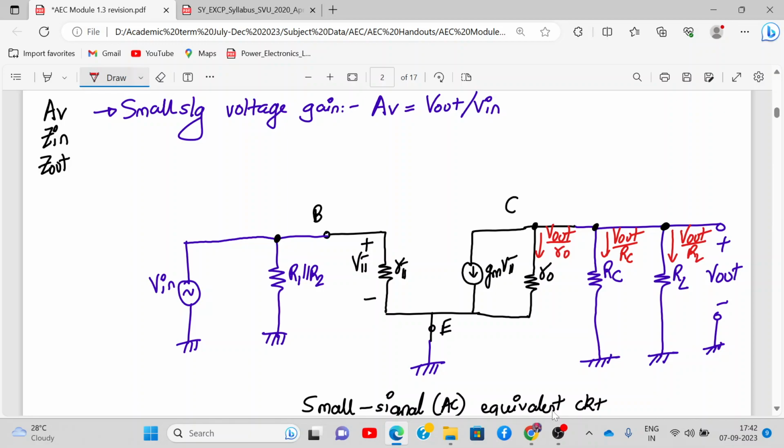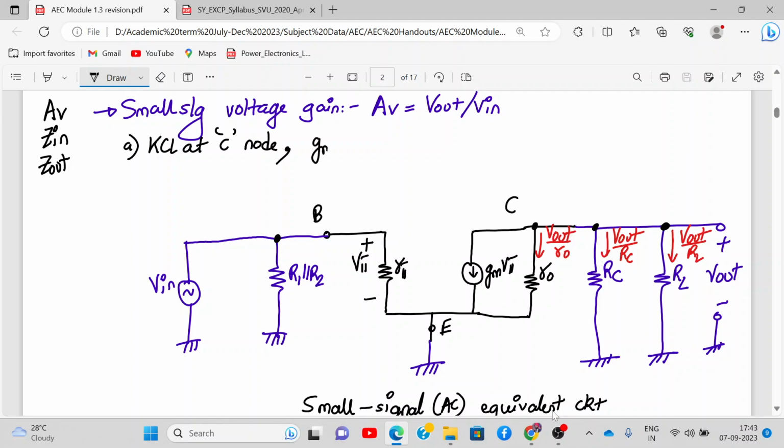So now I'll apply step number A, KCL at the collector node. What does the KCL at the collector node give me? There are four currents flowing out of the terminal, right? So I'll add them all together. Incoming currents are equal to outgoing currents, correct?